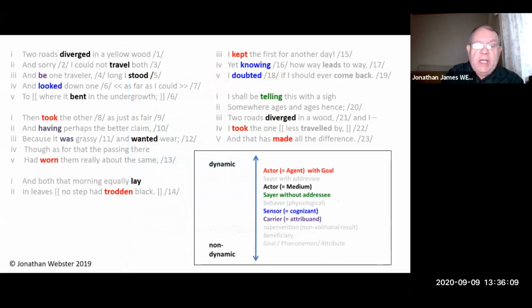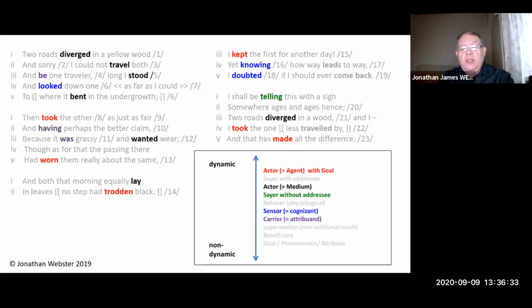And if we go through and look at these and assign these throughout the poem. So if I say two roads diverged, that is an actor, but there is no second participant. Travel, stand, bend, want, lay, diverge, at the end.